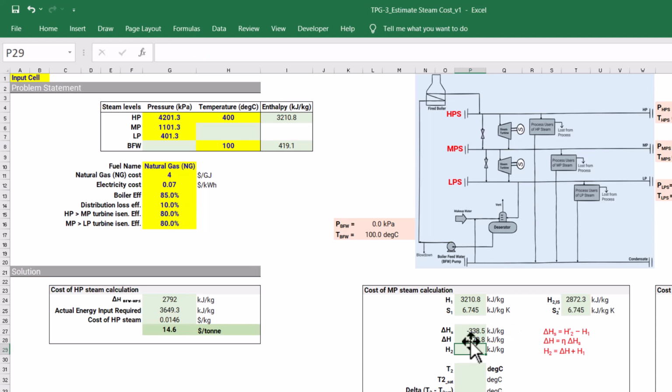So this is the actual enthalpy change, and now we can calculate what would be the actual enthalpy at the outlet. So delta H plus H1, so 2940 is the enthalpy. We can also calculate what would be the outlet temperature of this stream.